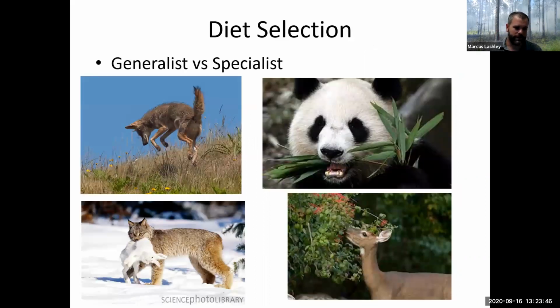So one of the things that I think about a lot in my own research program is how things choose their diet. And you've probably heard these terms right here, generalist versus specialist. If I asked you which ones are generalist or specialist in this picture here, think about which ones you would pick. I think most people would probably agree that the panda is a specialist, right?